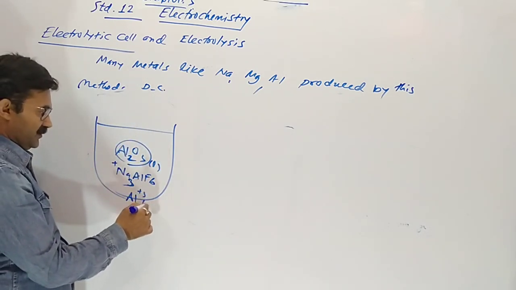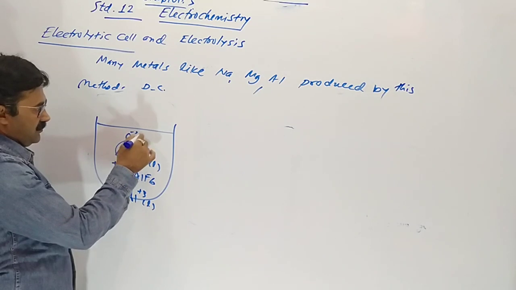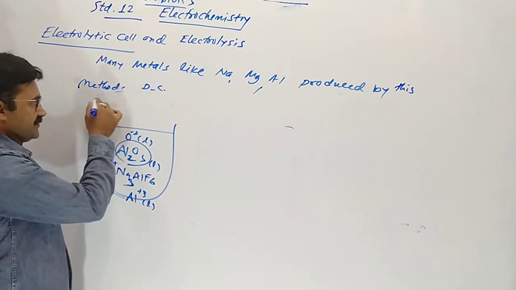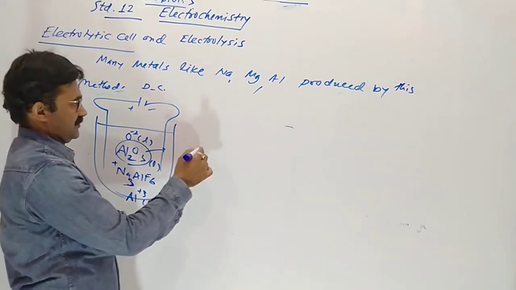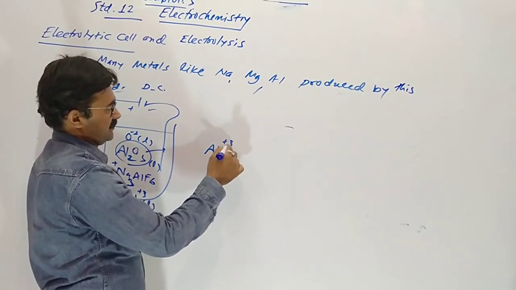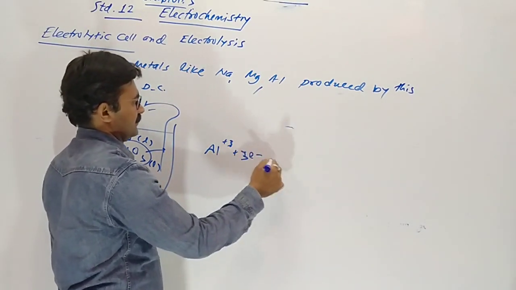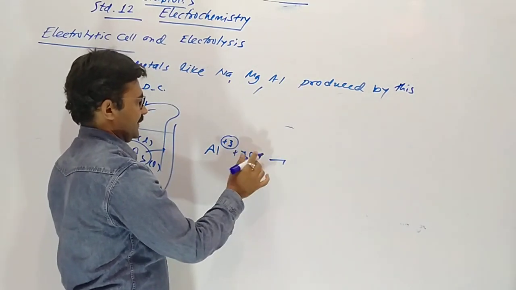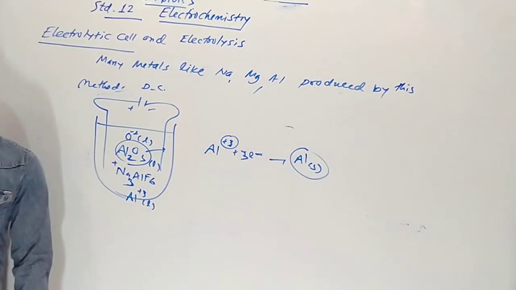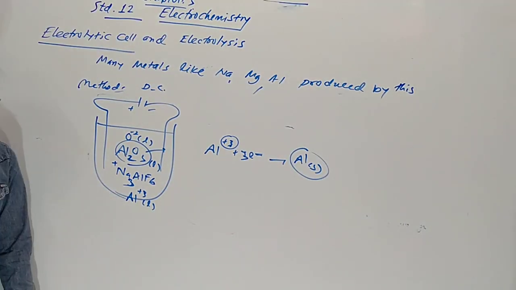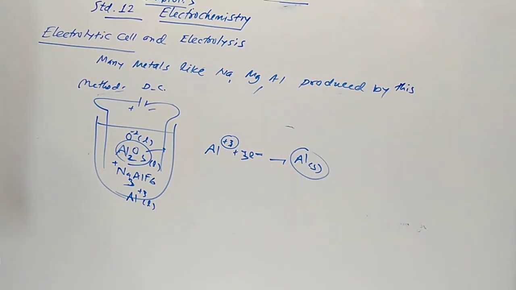So here Al+3 liquid and O-2 liquid are present in the solution. When we apply current, the Al+3 ion moves toward the cathode, gains 3 electrons, gives aluminium, and we get pure aluminium. This is the Héroult process.